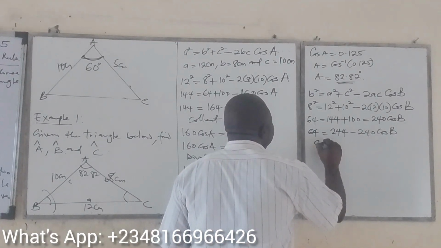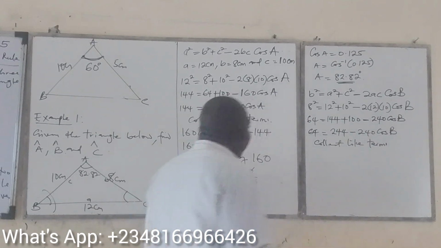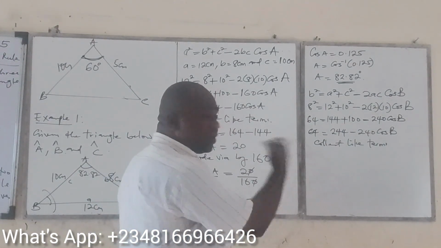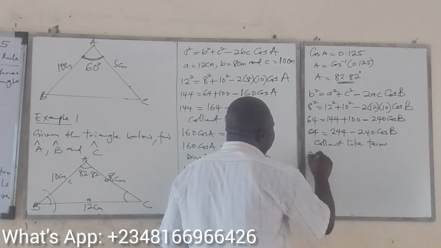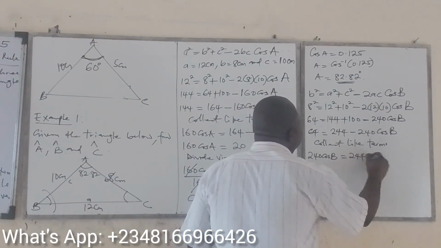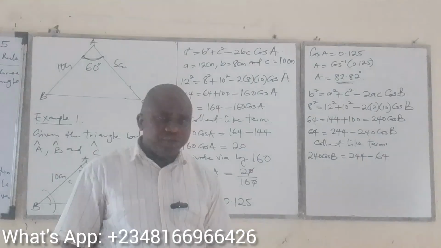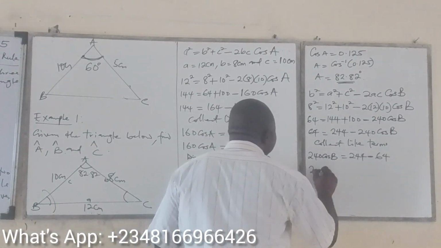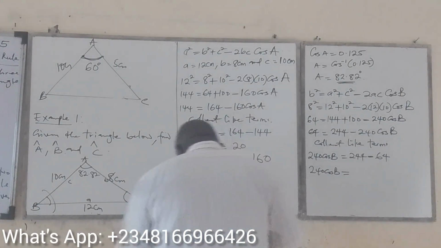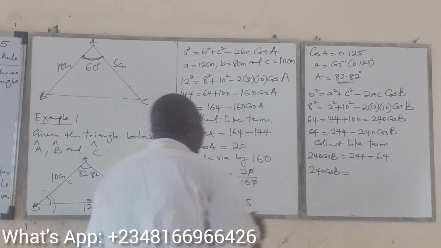The next step is to collect like terms. I want to bring this minus 240 cos big B to the left hand side. So we have 240 cos big B will be equal to 244 minus 64, which will give us 180.